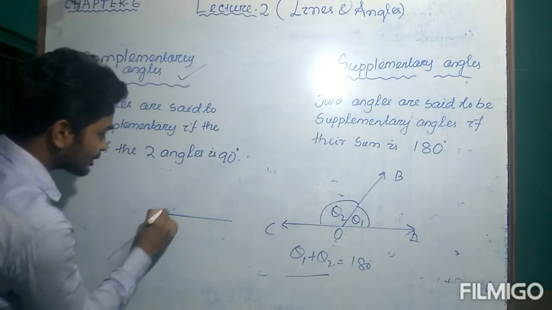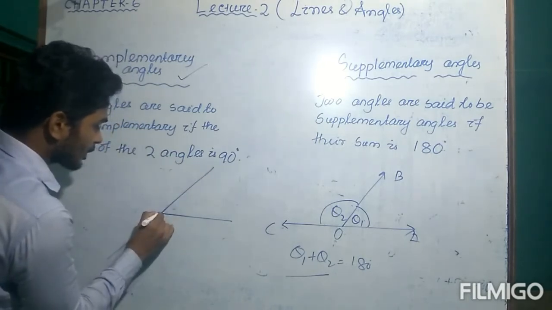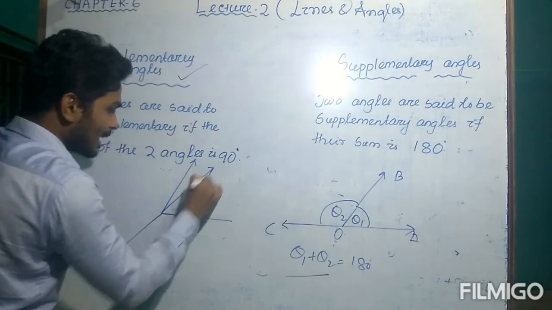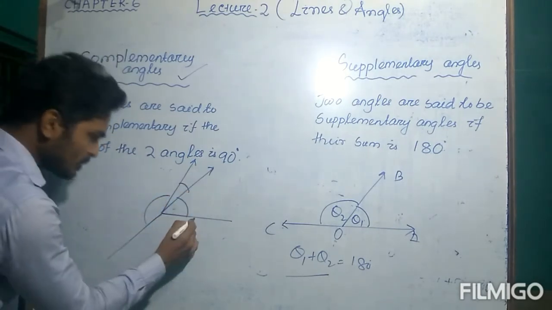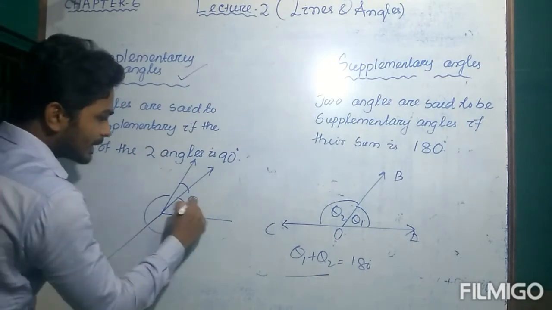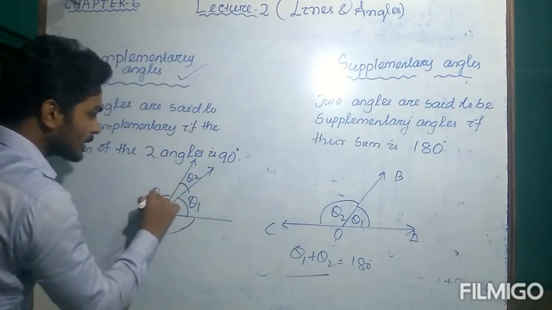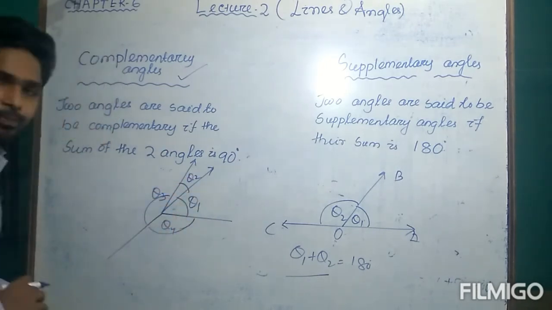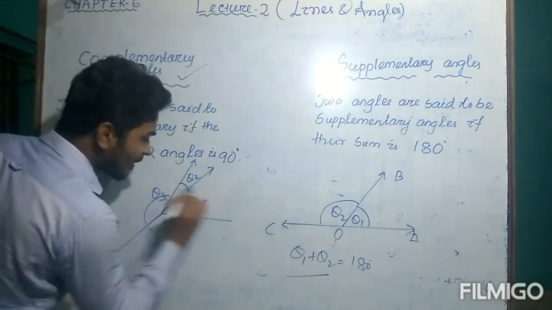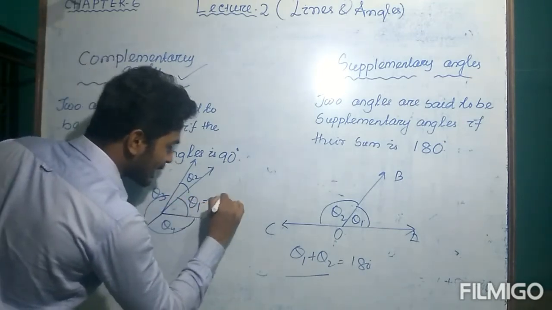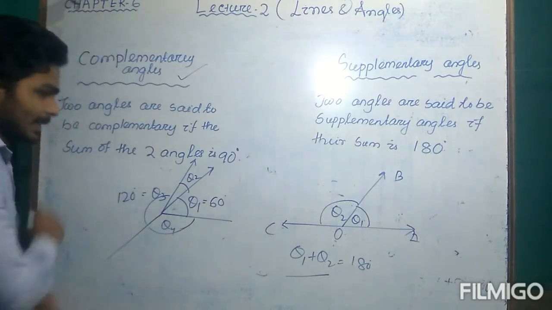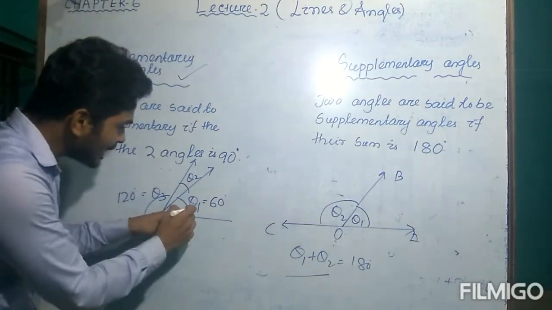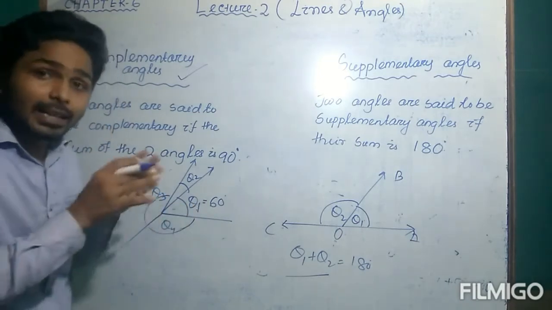Suppose there are how many angles? 1, 2, 3. Here also an angle formed, 4. Suppose theta 1, theta 2, theta 3, and theta 4. If the theta 1's value is 60 degree, right, and theta 3 value is 120 degree, then whether theta 1 and theta 3 are adjacent or not?